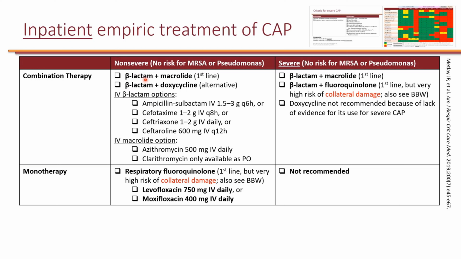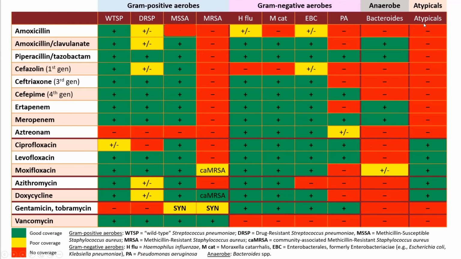And because of the mortality benefit in inpatient patients, we use a combination. So monotherapy with beta-lactam is no longer an option if someone is hospitalized. We want to combine it with either a macrolide or doxycycline. And the reason is that, probably the underlying cause is that beta-lactams don't have activity against atypical agents.